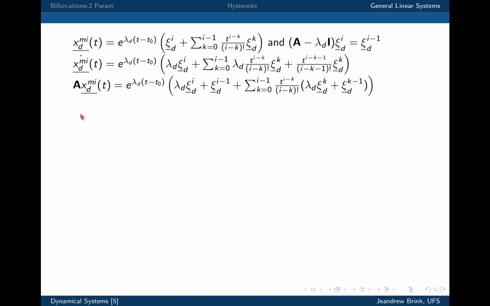And then you have to have A applied to this top solution. The first one is easy. It's just lambda d, I use that definition, plus c minus 1 lambda d from there.